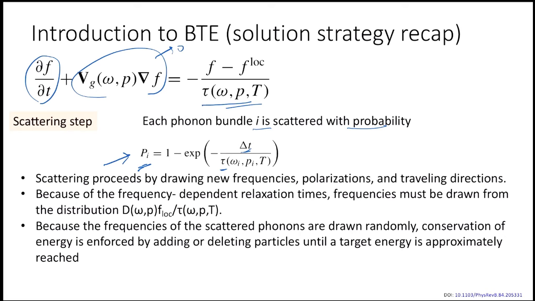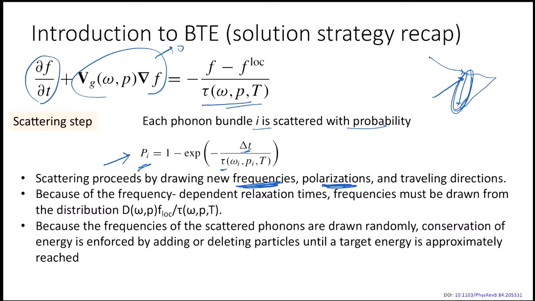So once the scattering has happened, we have to draw the new frequencies, because if you remember, even in in-club processes, the new particle is different from the initial particle. So we have to draw some new frequencies, and the frequencies would be drawn exactly following the same algorithm by making this cumulative number density function. So we would choose the frequency as we discussed in the last class, and we would choose the polarization, the LA mode, TO mode, and everything.